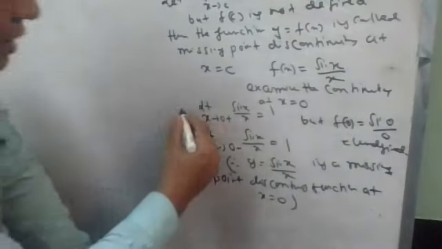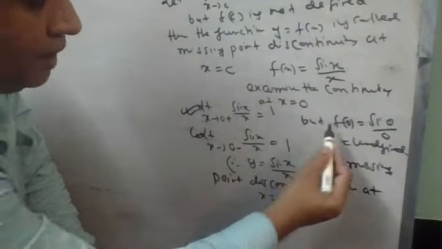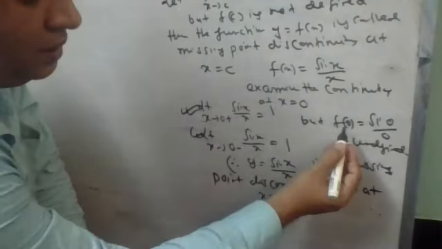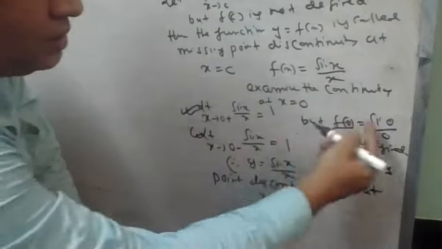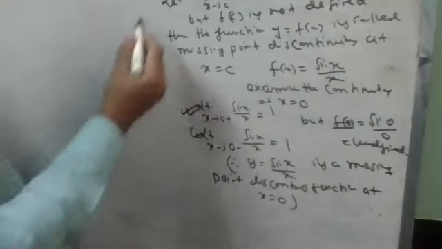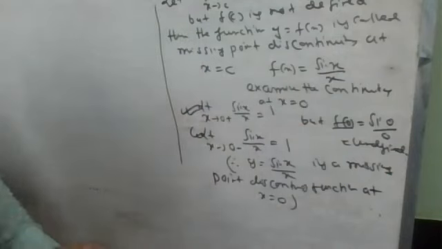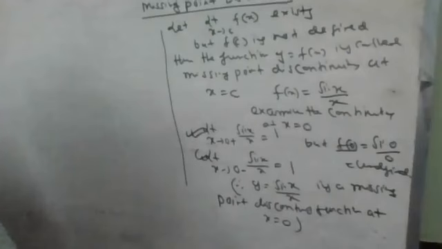In this case, you see the limit exists, but the functional value at the point where the limit exists is not defined. So this is called missing point discontinuity. Just go through the definition and the example.